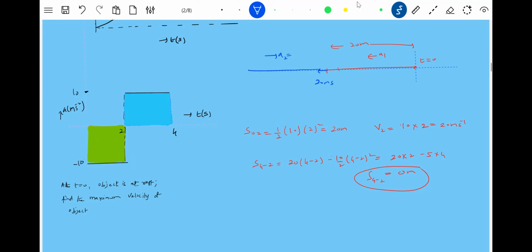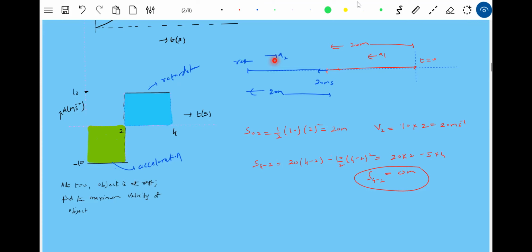Here the acceleration A2 will be directed in this direction, so finally the body will come to rest and it will move 20 meters. This part is acceleration, this is retardation. Since the object first moves towards left, this becomes acceleration and this becomes retardation.